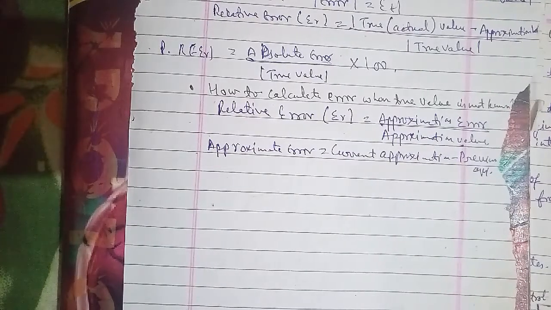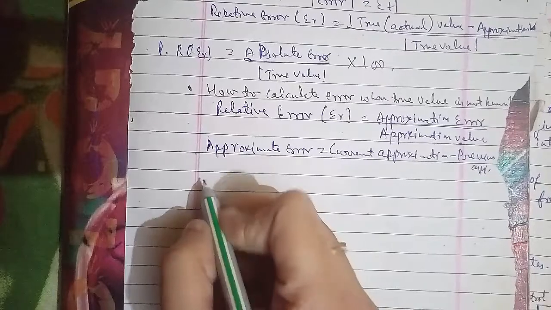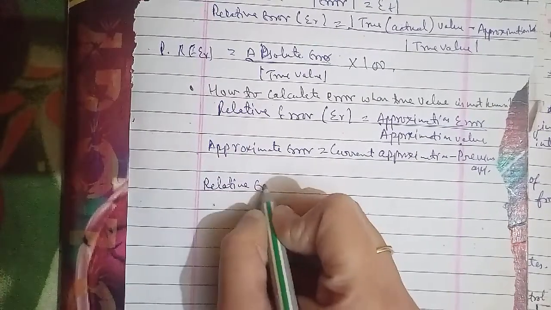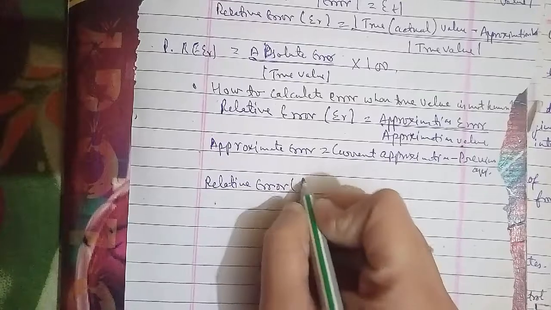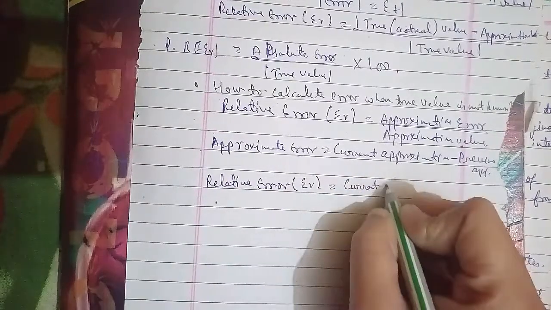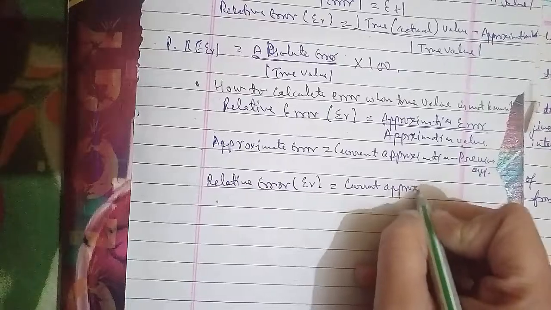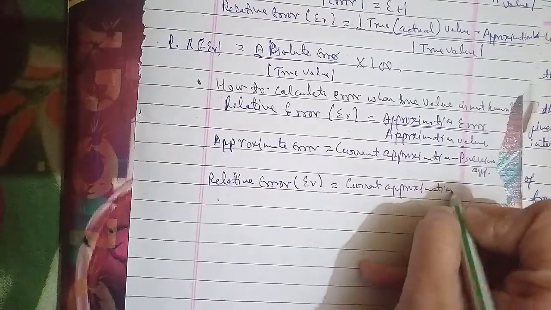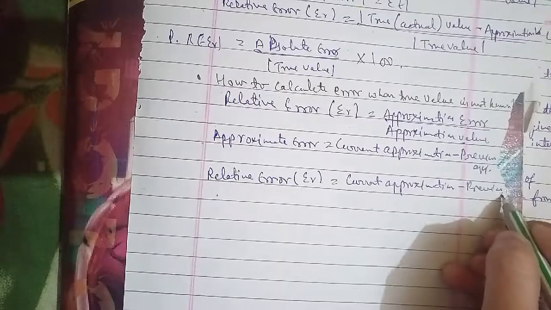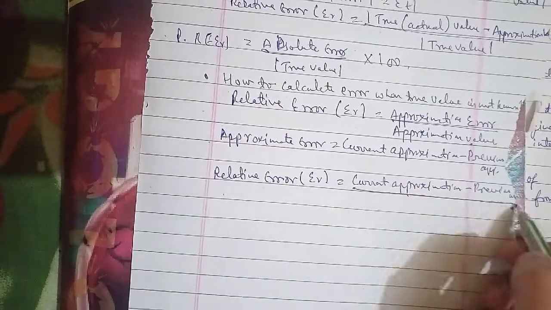So the height of an observation tower was estimated to be 49 meter, whereas its actual height was 47 meter.